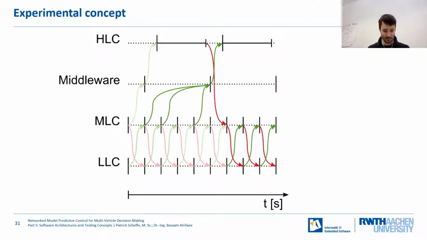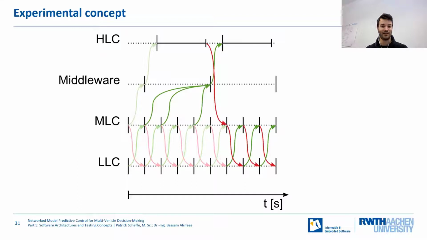And once the period is over, it takes the newest measurement that was received up until then, and sends it to the high-level controller. And whenever the high-level controller receives this command, it starts to do its computations. And whenever it's ready, it sends the commands back to the vehicles.